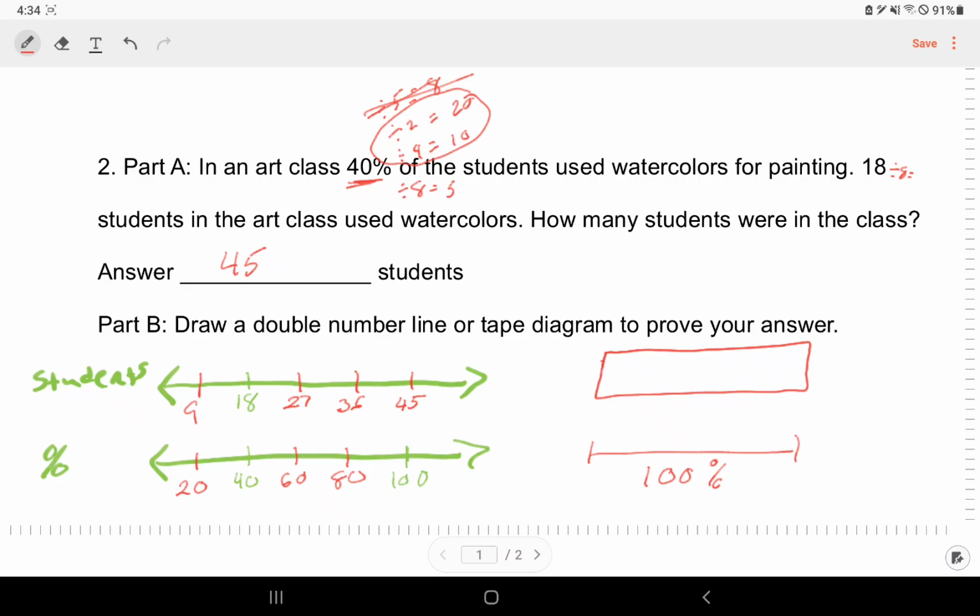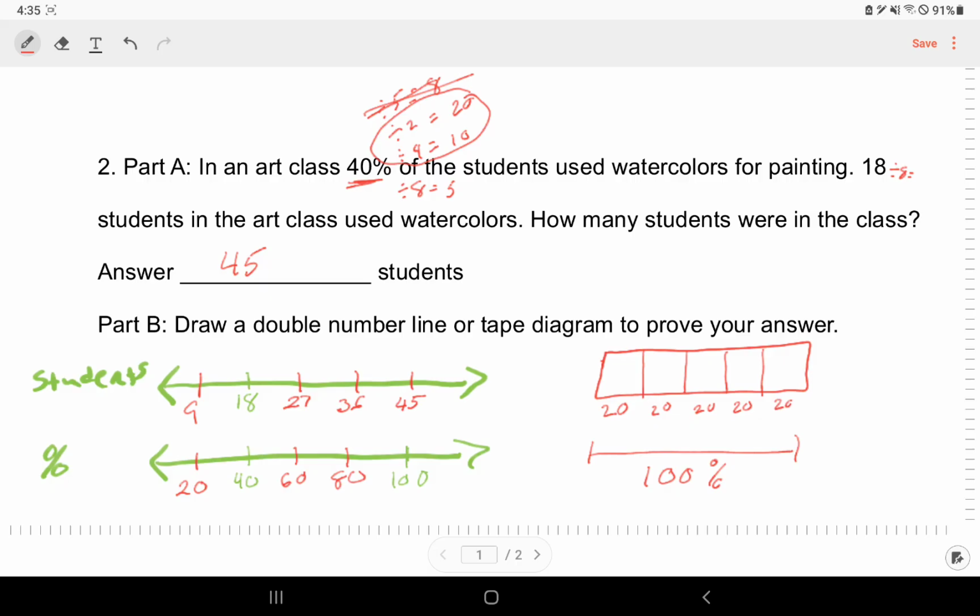So I'll do this once with the 20 and once with the 10, just to show that it's the same thing. So if I divide the 40 by 2 into 20, well, 20, 40, 60, 80, and 100.